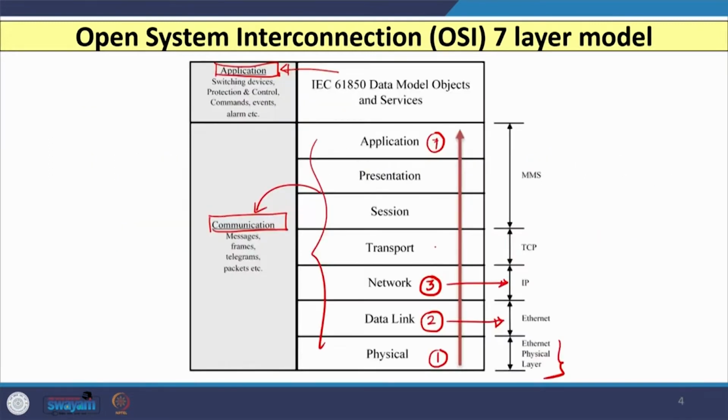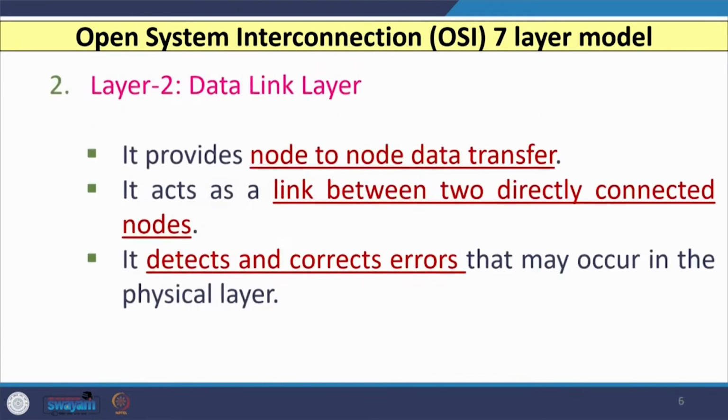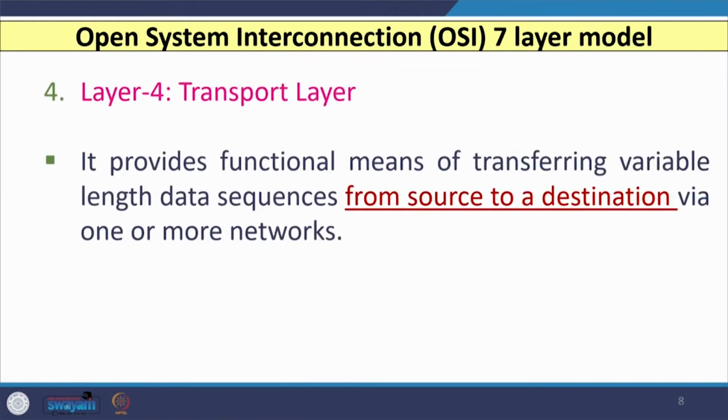The fourth layer is the transport layer, and it is also related to the transmission control protocol, that is TCP. The transport layer again provides a functional means of transferring variable length data sequences from source to destination via one or more networks.